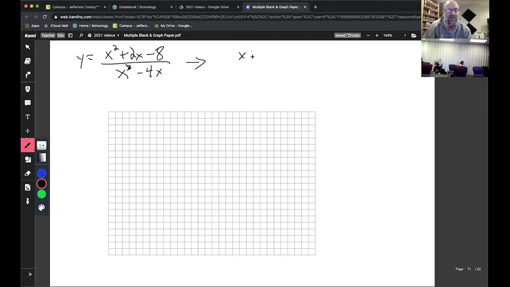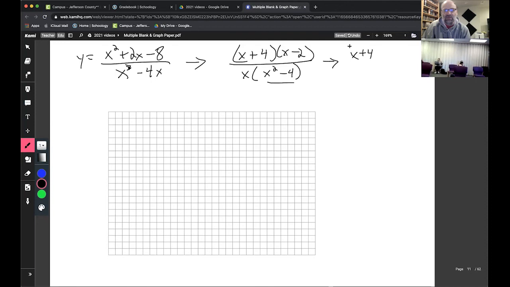So this is x plus 4, x minus 2, all over, take an x out, and you're left with x squared minus 4. And then you can factor that. So that's x plus 4, x minus 2 all over x, and that's x plus 2, x minus 2. Okay.